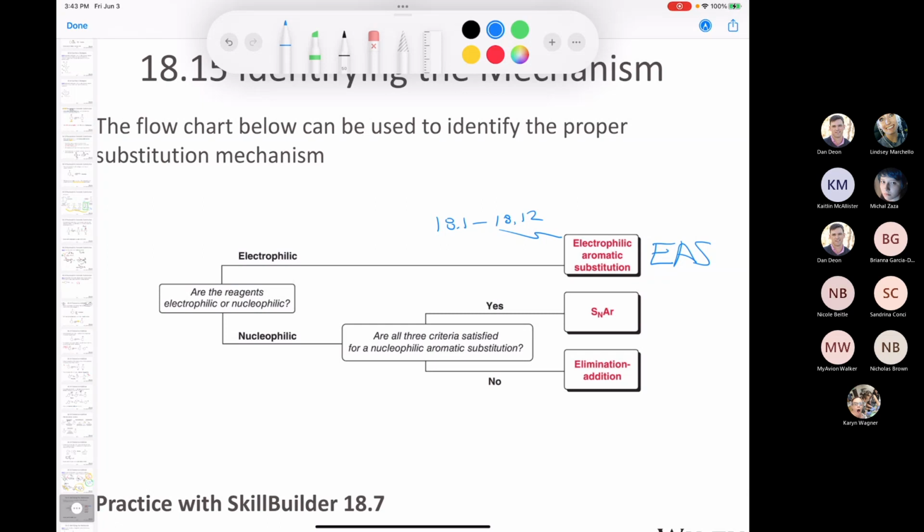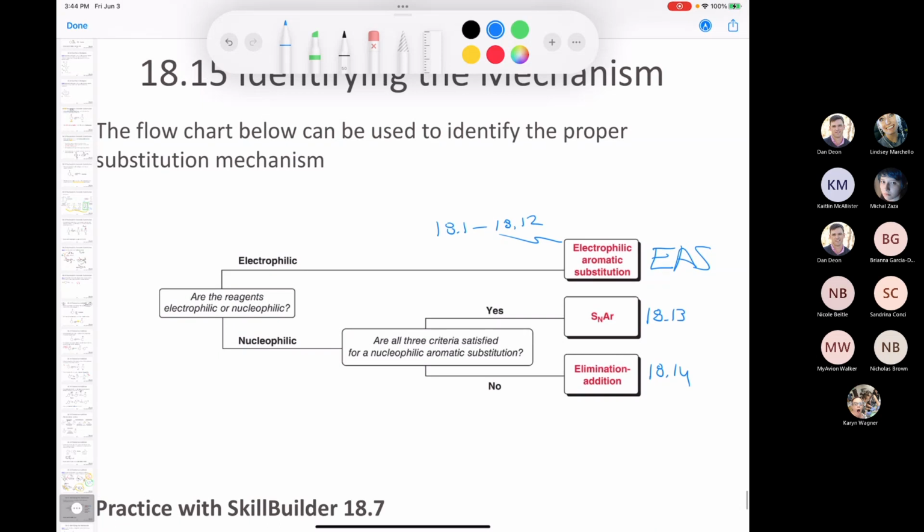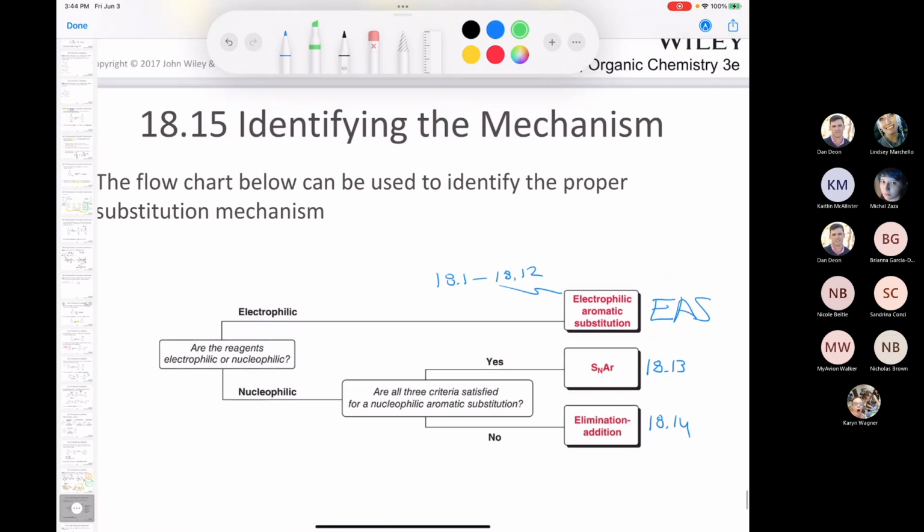Now, if we go into the SNAR section, that is covered in section 18.13, a very short section on SNAR. And elimination addition is covered in section 18.14. And then this is section 18.15, which is really just making sense of all these.